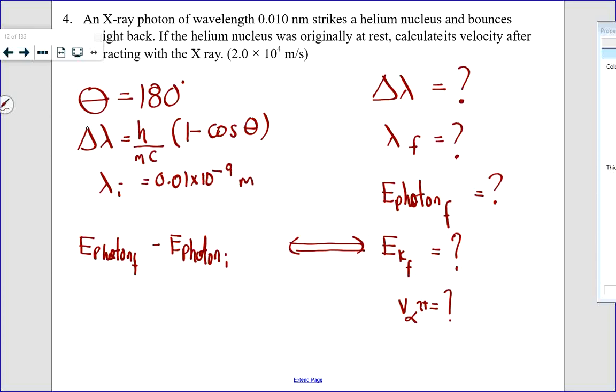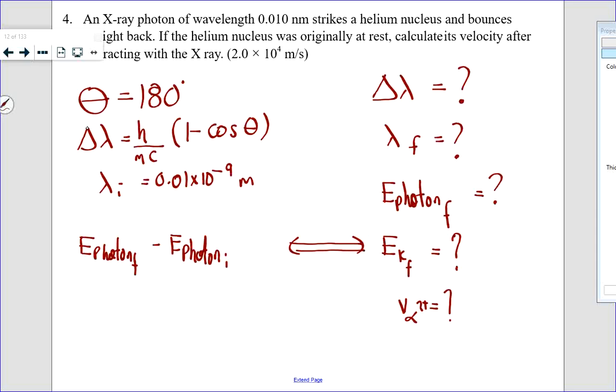We need to find the wavelength shift using the Compton shift formula so that we can add that to the initial wavelength, so that we can know the final wavelength, so that we can calculate the energy of the photon before and the energy of the photon after, so we can subtract the two energies so that we can set it equal to a half mv squared to find v. That's exhausting just thinking about it.